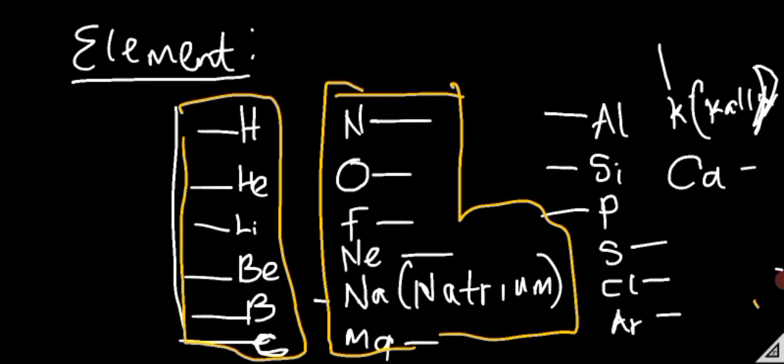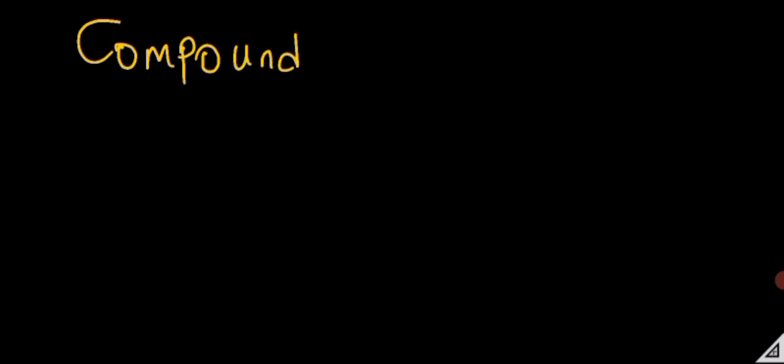What is the next one? The next one is called a compound. A compound is a substance which is made up of 2 or more elements.